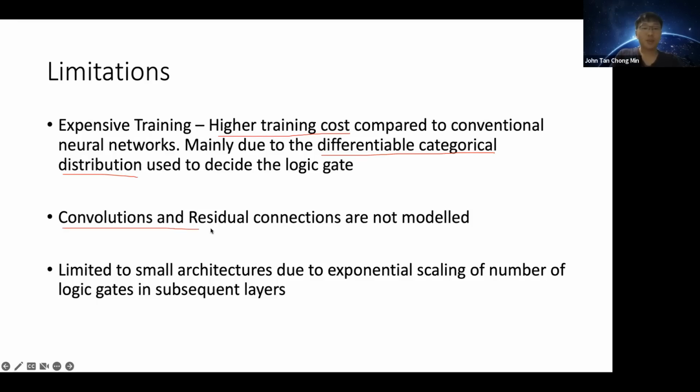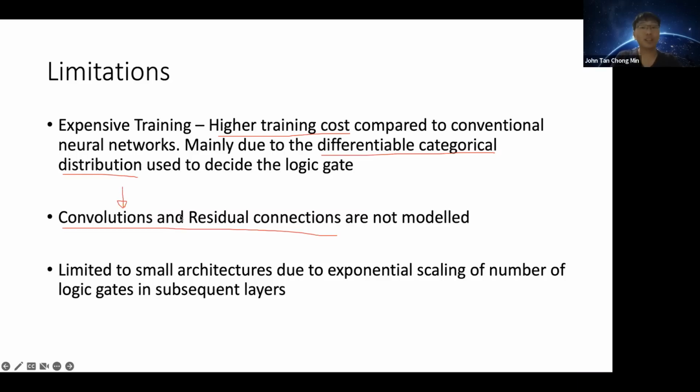Next, we don't have the benefit of ConvNets. But then again, the experiment didn't use ConvNets at all. They just used MLPs, so that's still okay. But if you want to scale it up to CNNs, you need the same set of logic gates for each of the patches. We need to think of how to backpropagate all this, because you cannot change the weights at all. The only thing you can change is the logic gate.